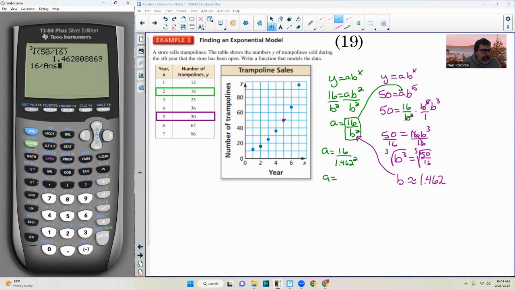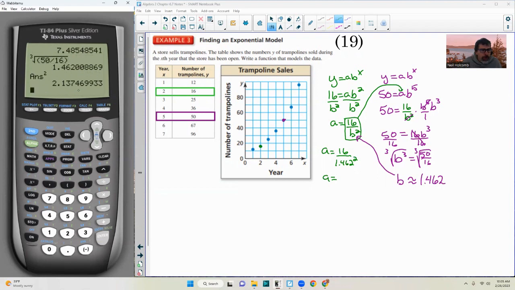Then I want to square that. Let me go up to here and get that 1.462 and square it first, just to make sure the parentheses are in the right place.